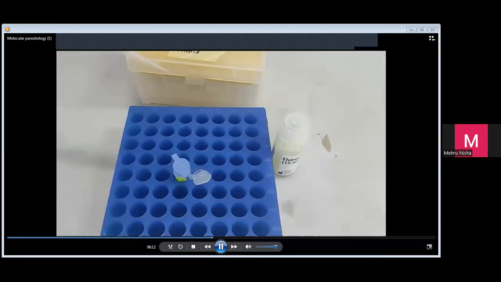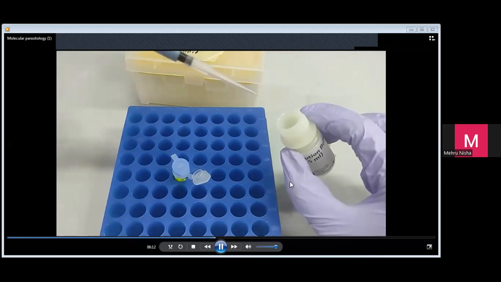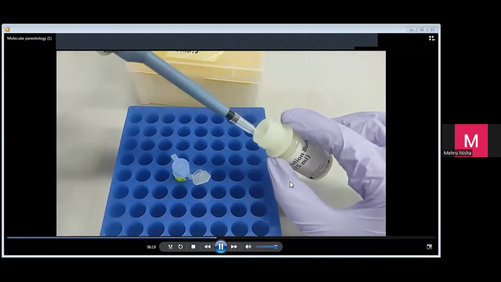Okay, so this is the elution. So elution buffer towards the end, dia akan tolak DNA kepada tube.